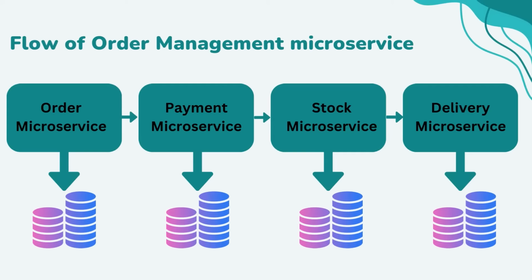Let's say our transaction involves 4 different microservices, as depicted in this picture: order, payment, stock, and delivery. The order microservice is responsible for order-related things, the payment service for payment-related things, the stock microservice for inventory and stock management, and the delivery microservice for storing the address and other details.